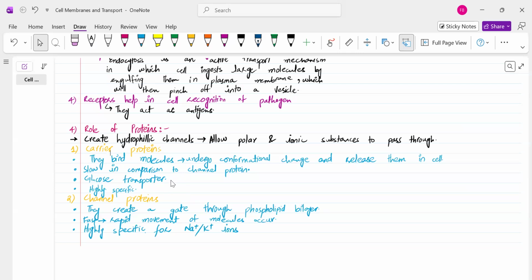Throughout the cell membrane, yes, because they must be controlling the entrance and exit of the substances. It should be throughout the cell membrane. Exactly. Because the substance can try to enter from different positions.